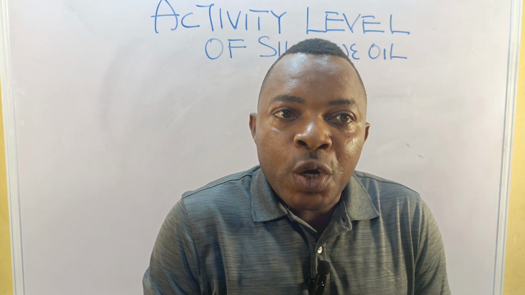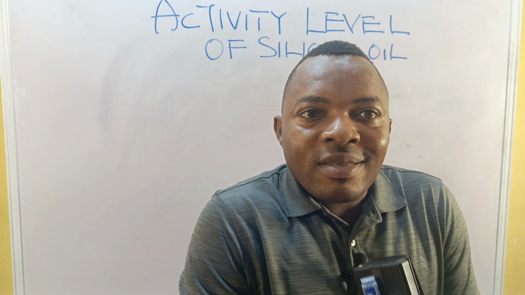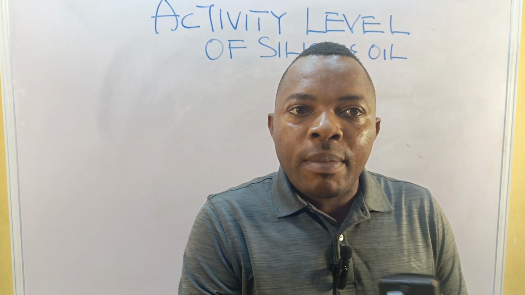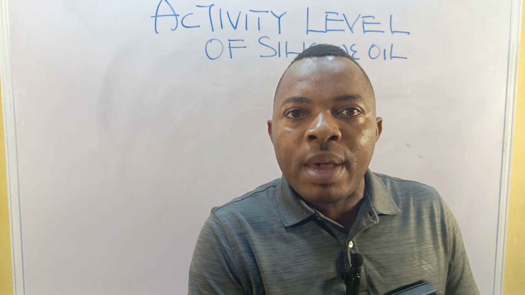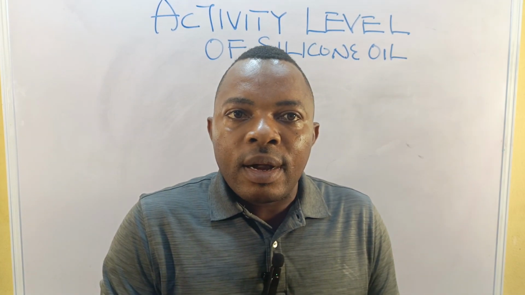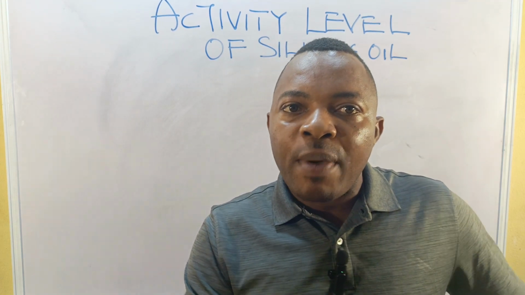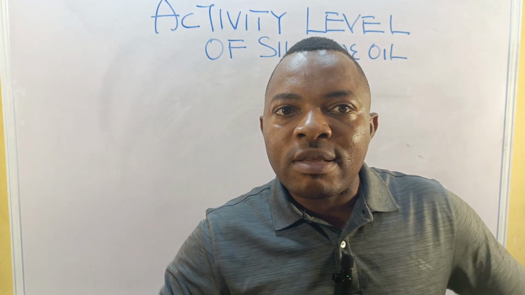So they are produced based on stabilizing power. And what is this stabilizing power? Stabilizing power means that this silicone, in terms of chemical structure and performance, are not the same.